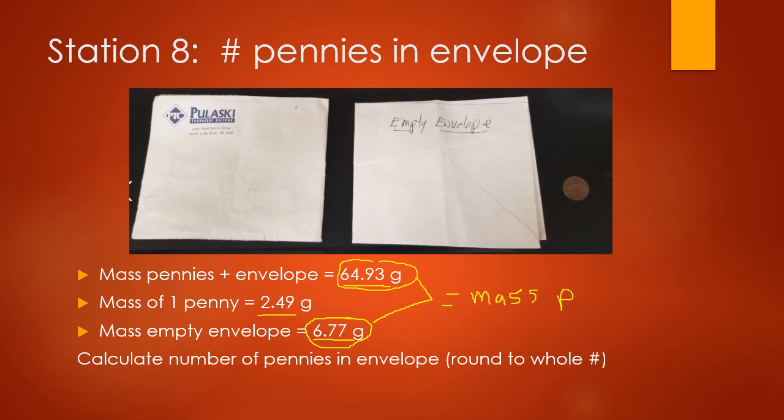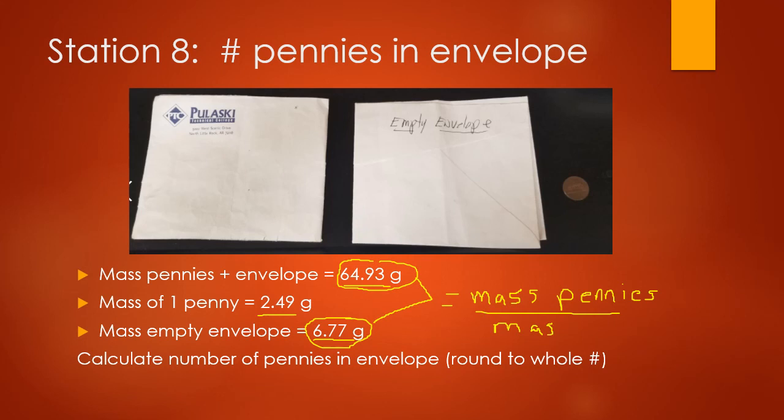This is more than one penny. It's all the pennies in that envelope. Once you have the mass of all the pennies in the envelope, you can figure out how many pennies by dividing that mass by the mass of just one penny.